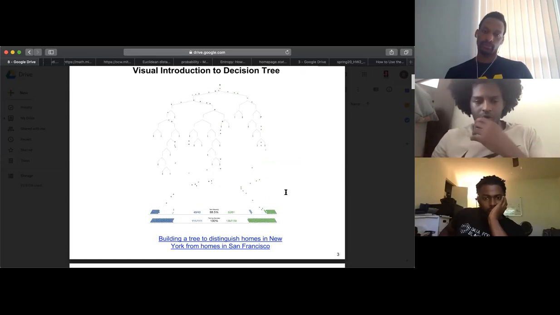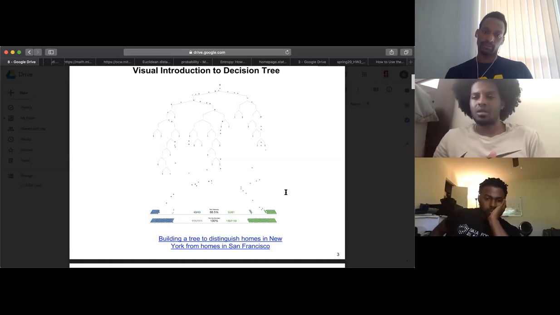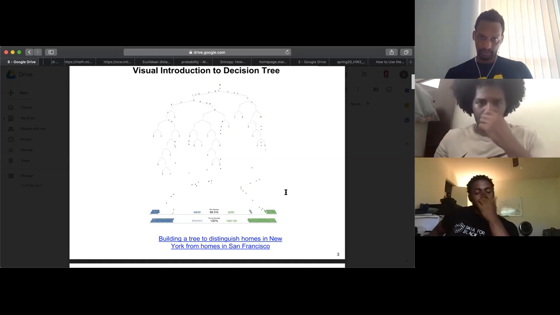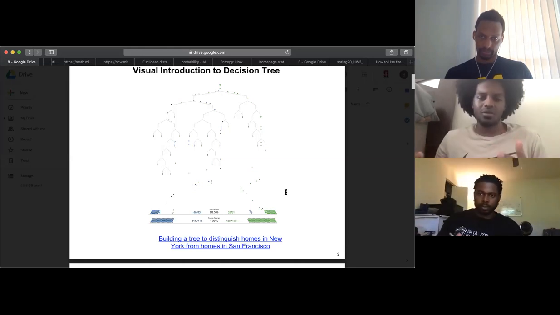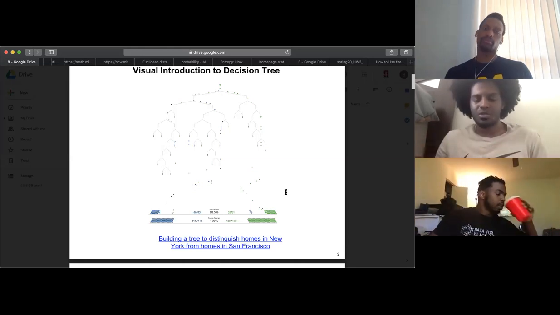So when you're trying to distinguish homes in New York versus homes in San Francisco, you might have a data set that includes color, the shape of the house, architectural style, the slant of your roof, whether it has a basement or doesn't, and all of that represents a house, whether that house is in New York or San Francisco.